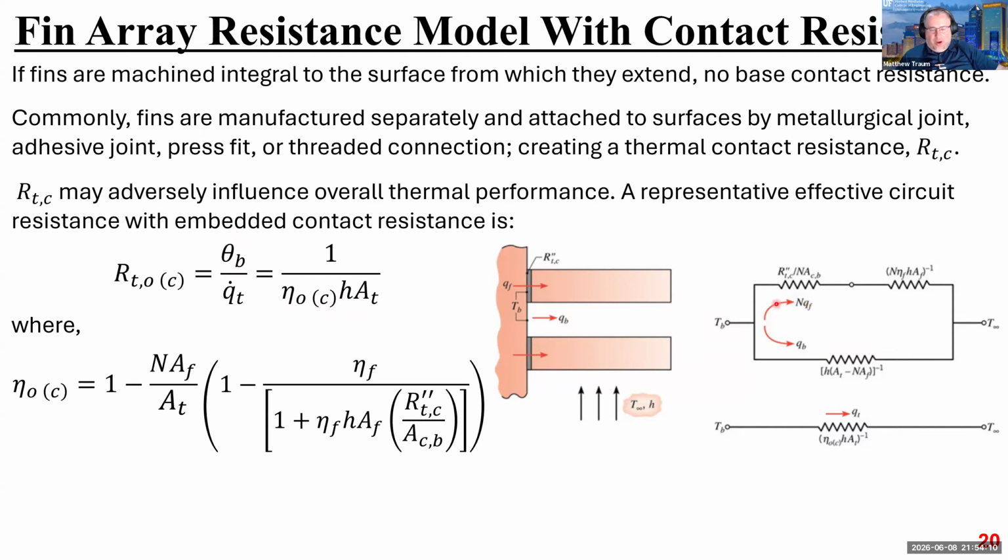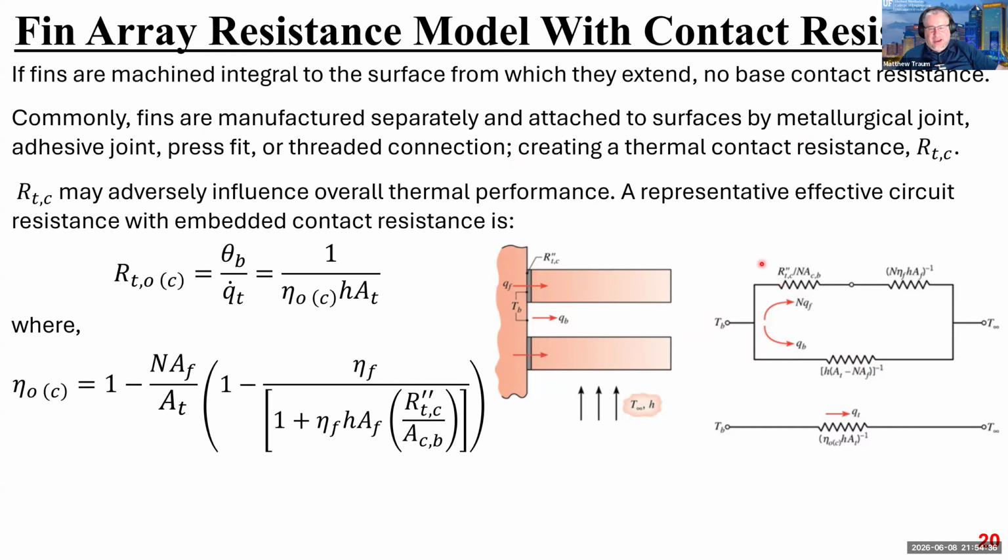Okay, so what does this actually look like from a heat transfer perspective? Well, we still have our surface that we're trying to keep cool. We do have heat transfer away from the non-fin part of the surface, so that's this side of the thermal circuit. And then we have heat transfer through the fins, but the fins are now attached using one of these techniques or maybe some other technique which presents a resistance to heat transfer.